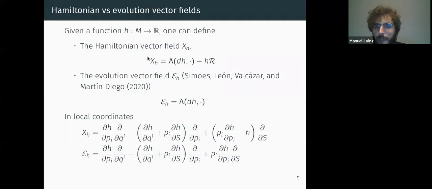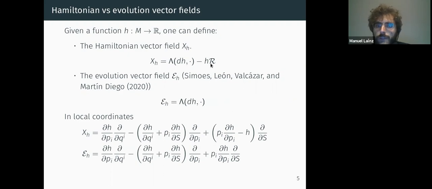You can use this bivector or this Jacobi structure to define Hamiltonian vector fields for functions. Okay, and the definition of the Hamiltonian vector field is just this one, the bivector contracted with the differential of the function minus h times the Reeb vector field. Okay, but we can also define this other vector field that we have called the evolution vector field, and we have introduced in an article this year, which is just with the bivector.